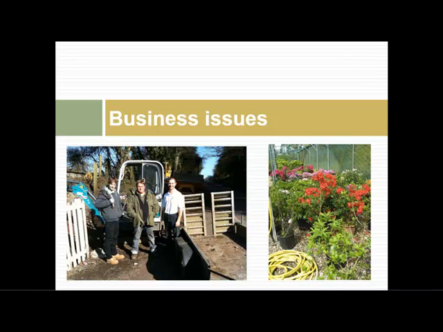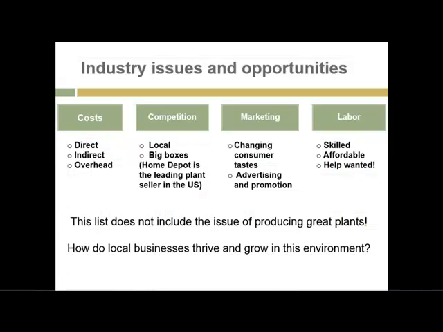So want to talk for just a minute about some of the business issues about the nursery business. Already mentioned some of them, but on this slide there are some short lists of industry issues and opportunities. So similar to the greenhouse industry, there are direct, indirect, and overhead costs.